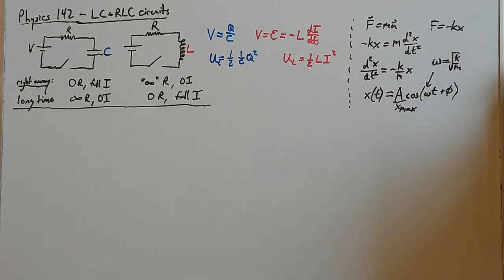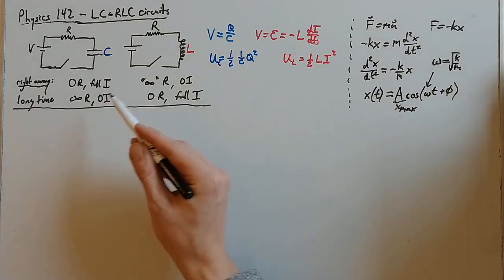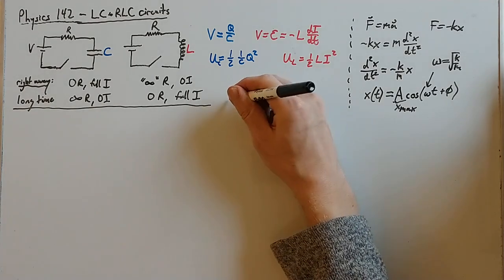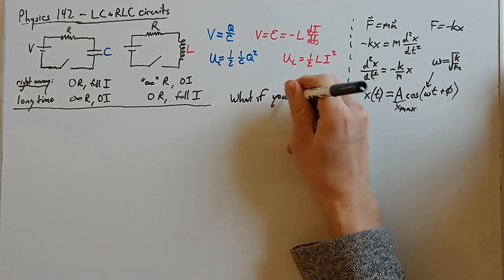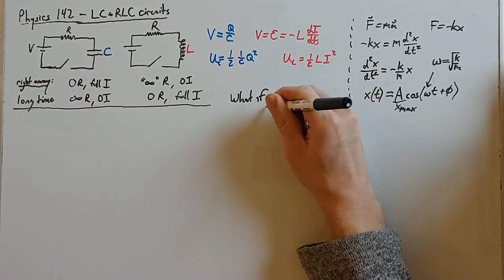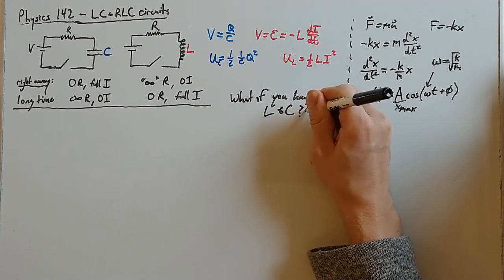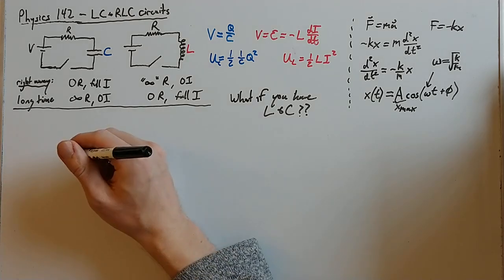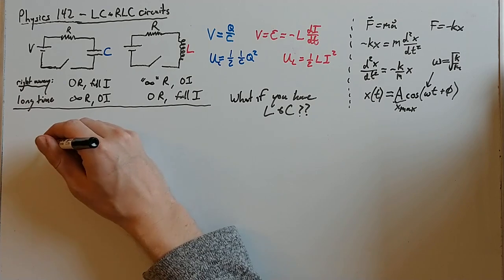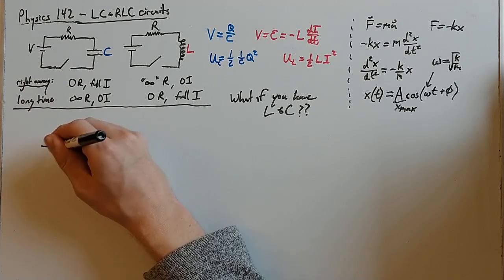The question at hand is, what if you have a capacitor and an inductor? What if you have L and C in a circuit? What if you have an inductor and a capacitor in your circuit? And so I'm going to draw you a circuit that looks like this. So let's think about this.